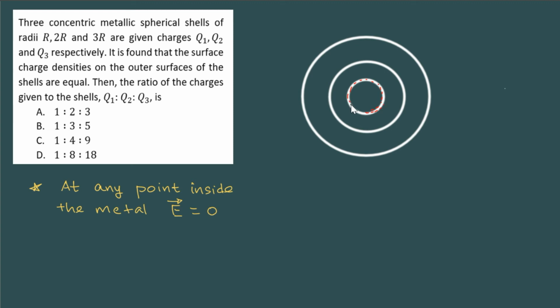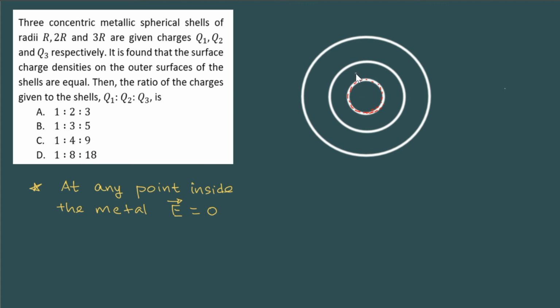At any point on that sphere, the electric field is zero, so through that sphere the electric flux is zero. So whatever charge you place on the innermost shell should only reside on the outer surface. It cannot reside on the inner surface.